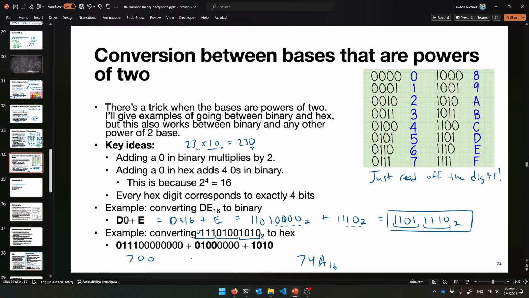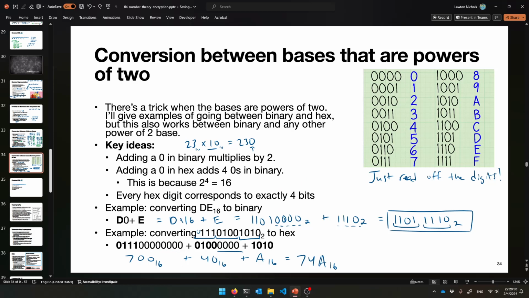So that's 700 plus, what is this one? That's equal to 40. These are all hexadecimal numbers. Just read it off, and it really will work. And then this is going to be our digit A in base 16. And the reason it works is because all of these are powers of 16.